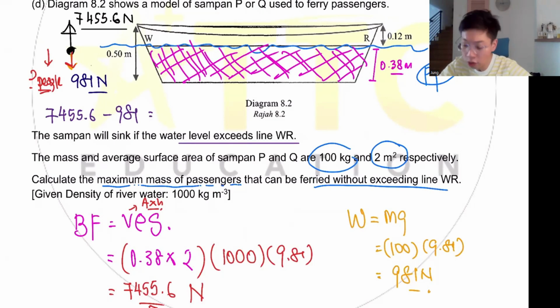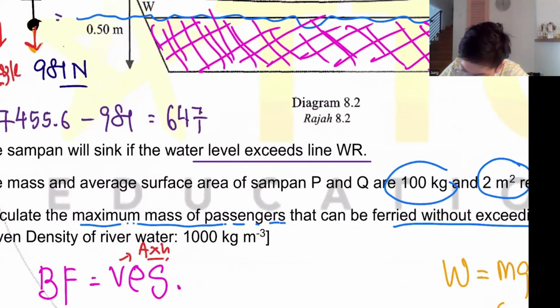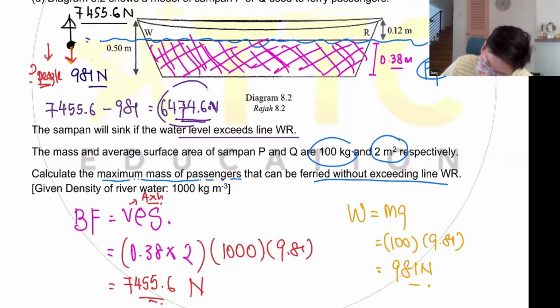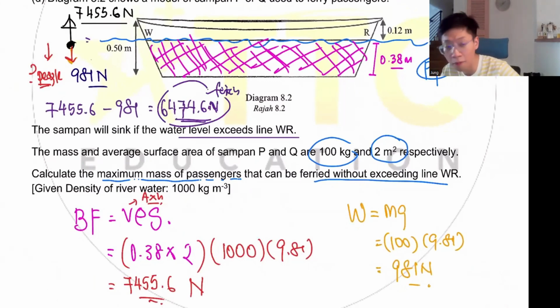What I want to do here is I want the top and bottom to be equal. So I take 7455.6 minus 981. My total force is 6,474.6 Newton. So meaning to say that I can fetch an additional 6,474.6 Newton.